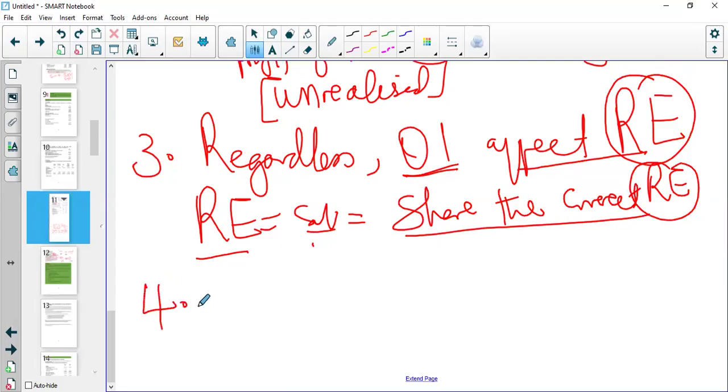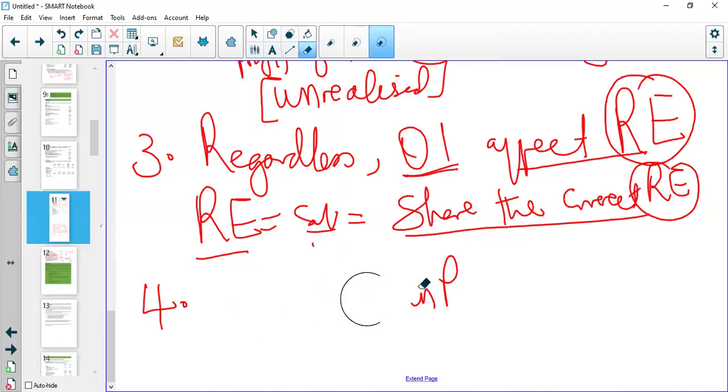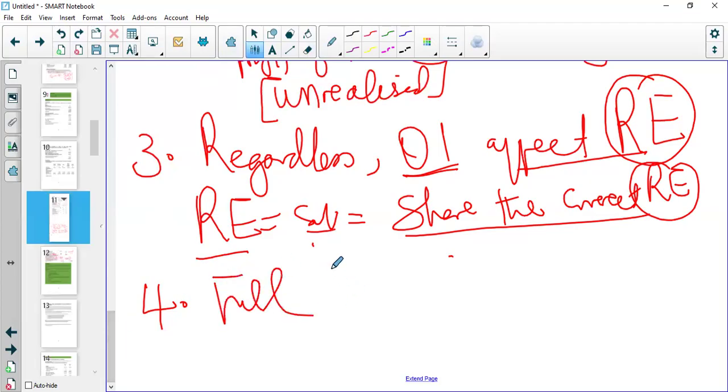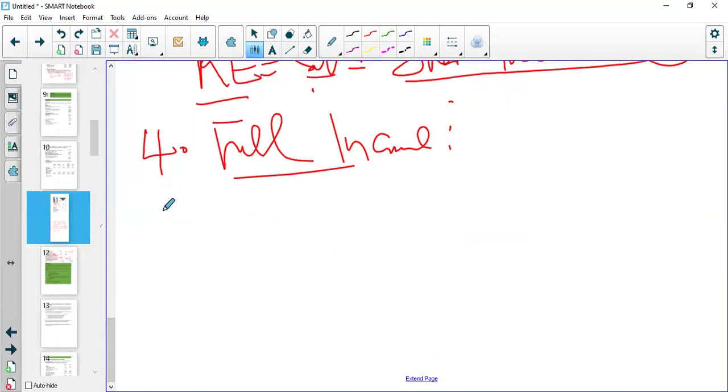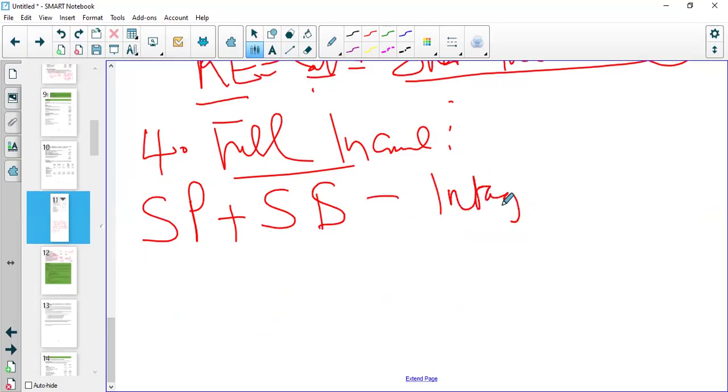Cost of sales is going to increase by unrealized profit in closing inventory, right? So let me say the adjustments are like this. For a full income statement, the adjustments are: sales of the parent plus sales of the subsidiary, minus the intra-group sales.